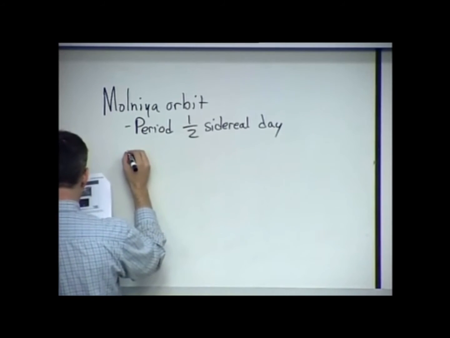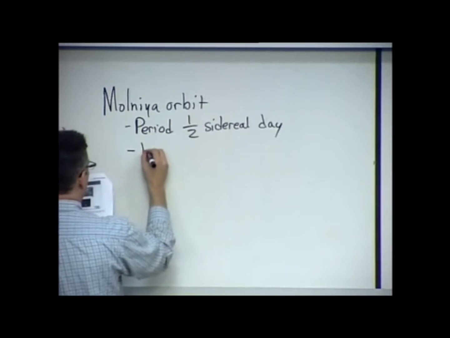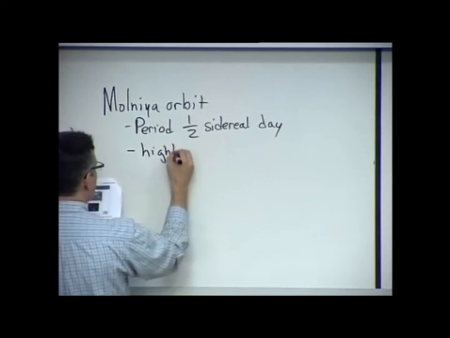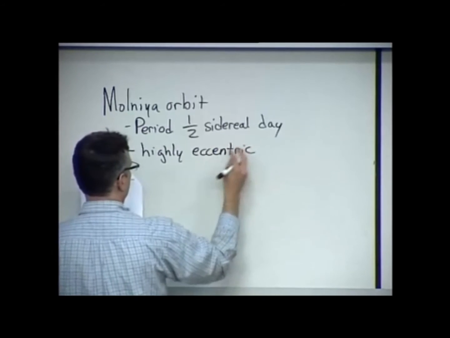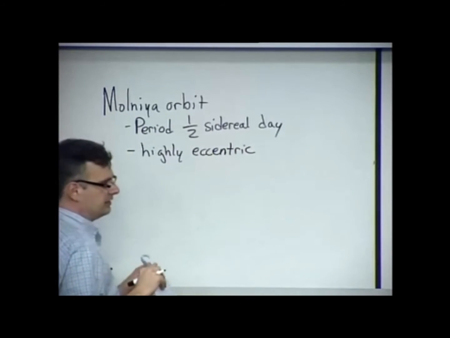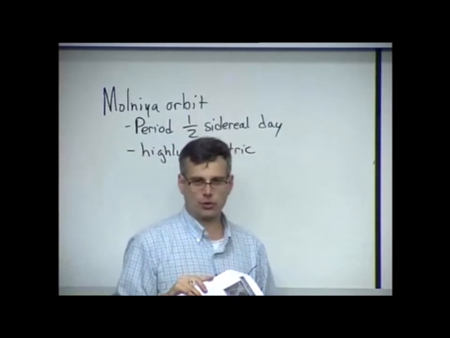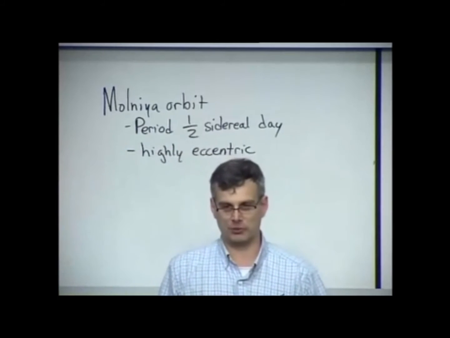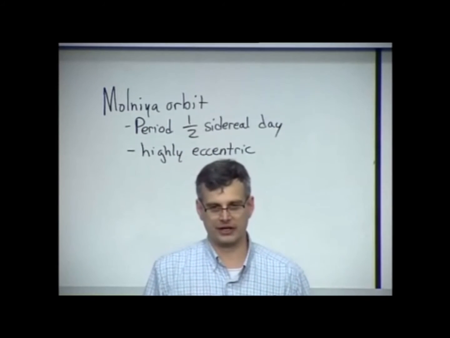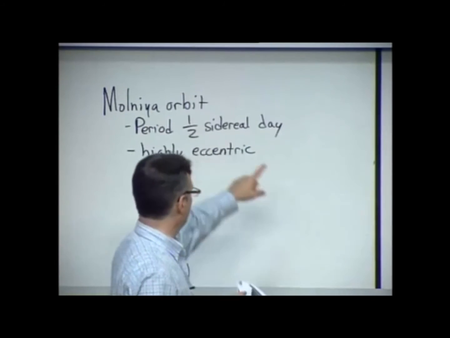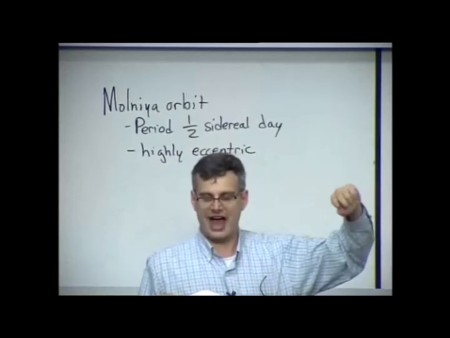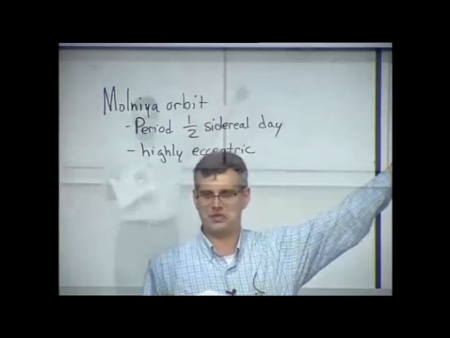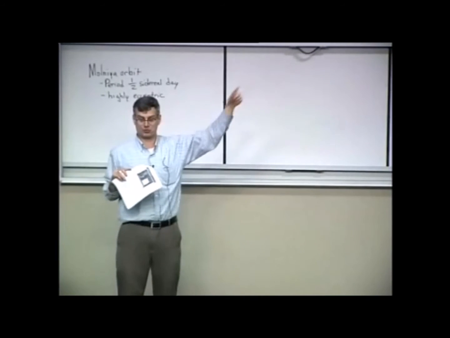Let's see. Next one. Highly eccentric. The perigee, the lowest point of the orbit, is essentially a low Earth orbit. The high point, in order to get a period of 12 hours roughly, the apogee is actually somewhere in medium Earth orbit, somewhere very high.